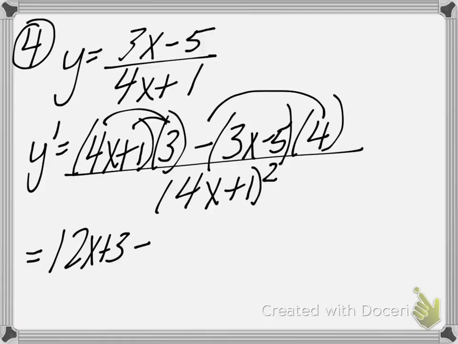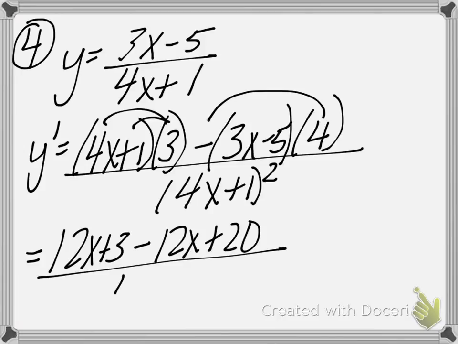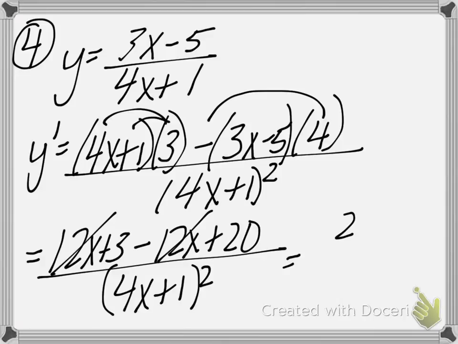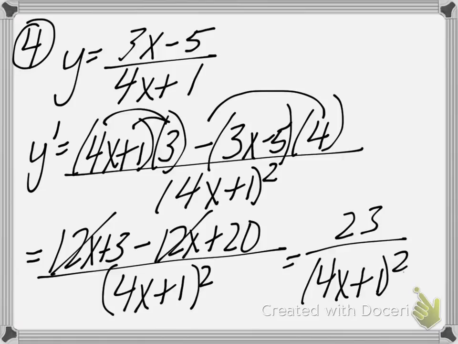So a negative 4 times 3x is negative 12x, and a negative 4 times negative 5 is positive 20. Okay, 12x, negative 12x cancel. And that is choice D. Okay, we're making some progress.